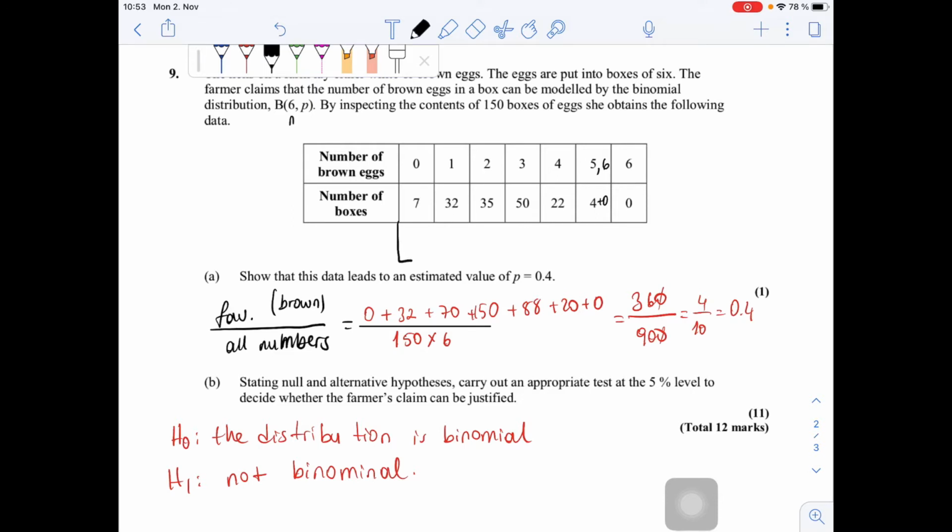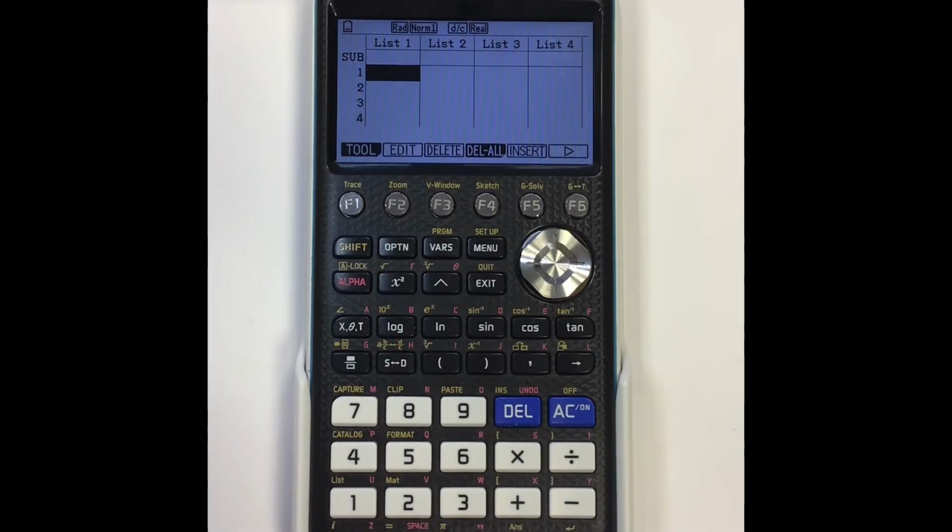So this is going to be like expected values, right? If this is binomial, expected values. So it's going to be here. But let's go to our calculator and see how it is going to work. All right. Now we're in our calculator.